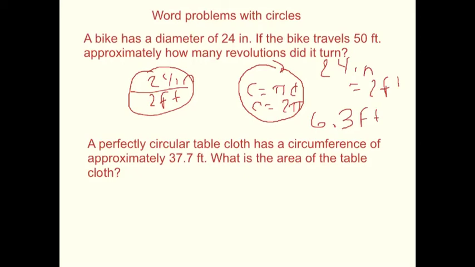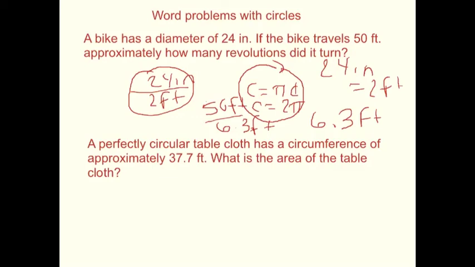So if I want to know how many revolutions it makes in 50 feet, I would simply divide my 50 feet by 6.3 feet, because 6.3 feet represents one revolution. And when I divide 50 by 6.3, or 6.28, I get something very, very close to 8 revolutions.